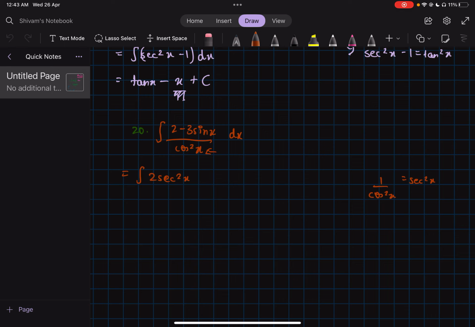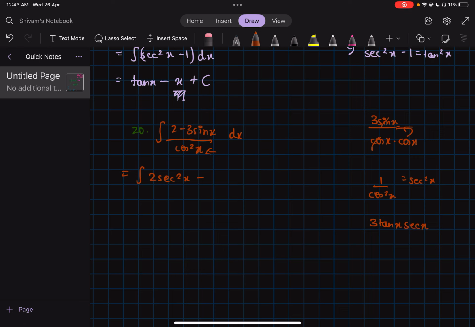Then for the second term, it's going to be minus sign, writing cos square x separately. So this and that is going to cancel to form a tan x, and this is going to go up to form a sec x. So it's going to be 3 tan x sec x.